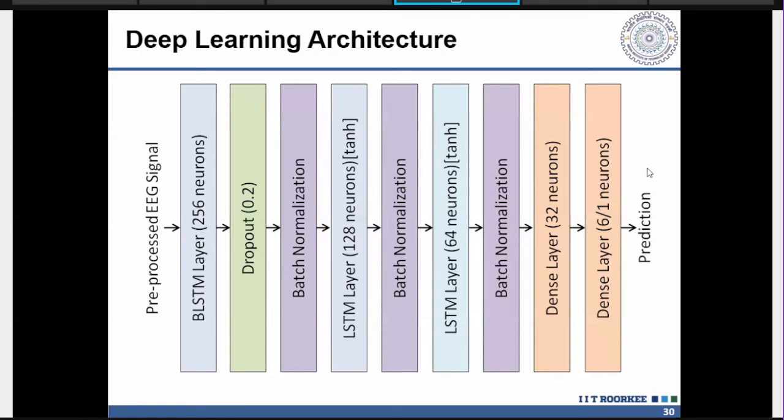We have to design the architecture of this deep learning model, how it will be stacked. For example, we used first a BLSTM layer, then dropout, batch, LSTM layers, and at the end the predictions.